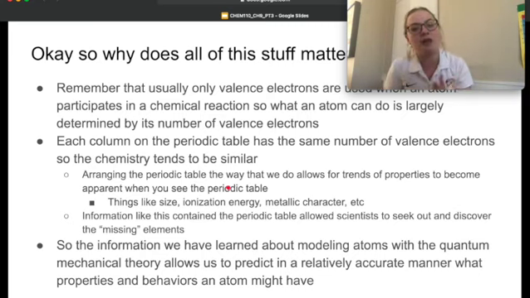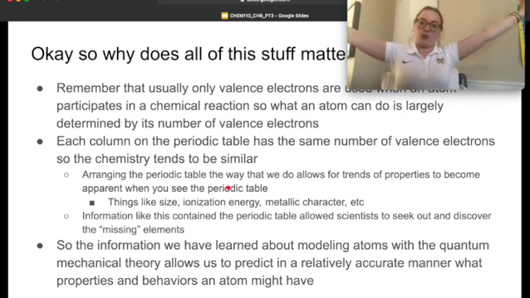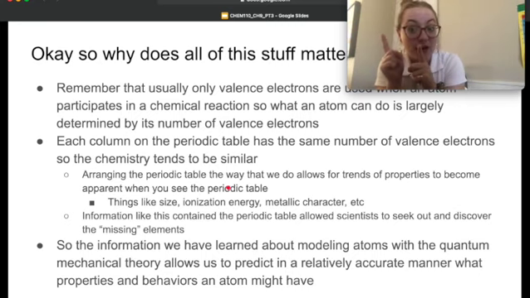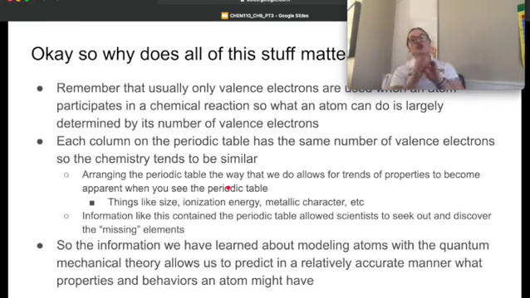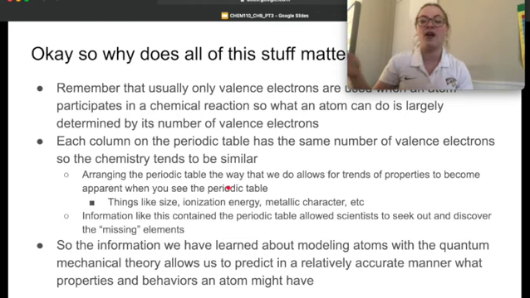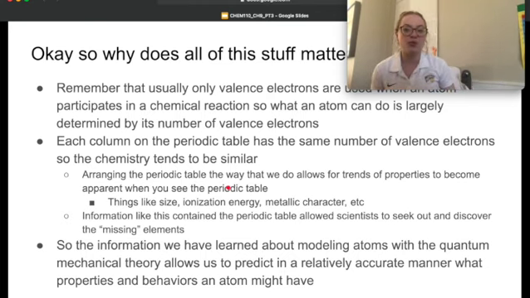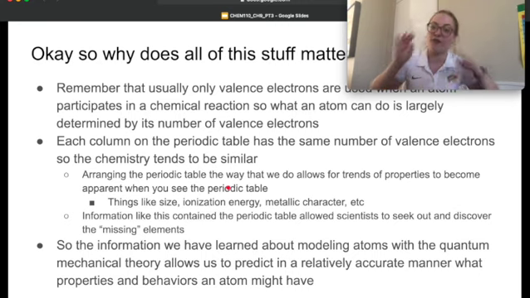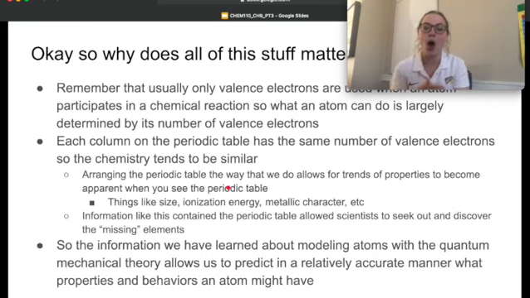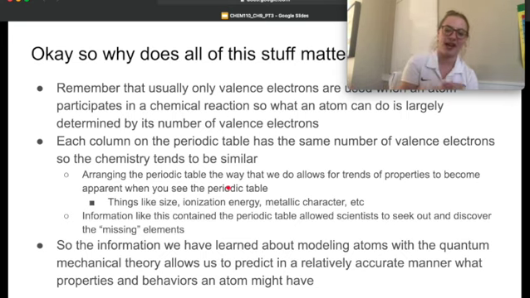Remember, we talked about how the alkali metals are so reactive with water. If you watched my YouTube video, you would know, but they are super reactive with water, and they're all super reactive with water based upon the fact that they all have just one valence electron, and that one valence electron influences the chemistry they have.